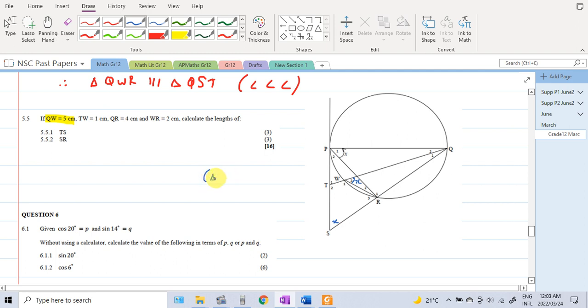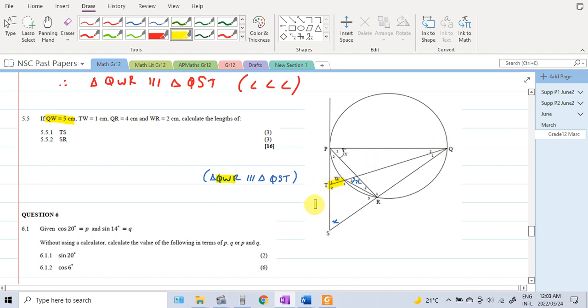That will be your reason if you're taking some ratios. So we are taking QW, and we're saying TW is equal to 1. Where's TW? So TW is 1 and QW is 5.